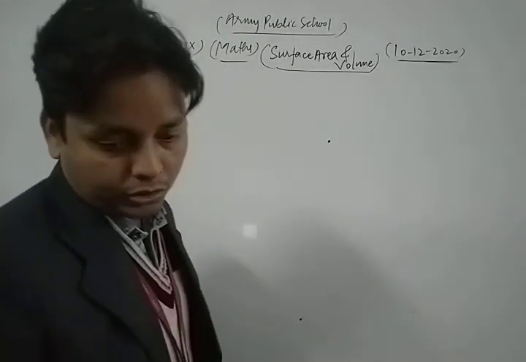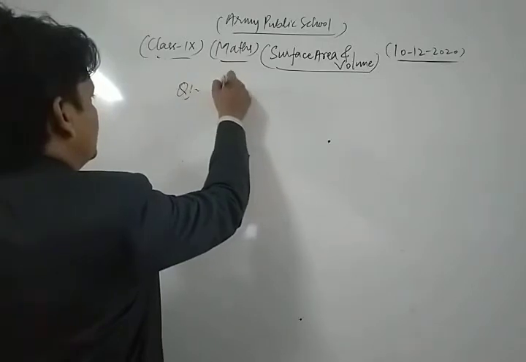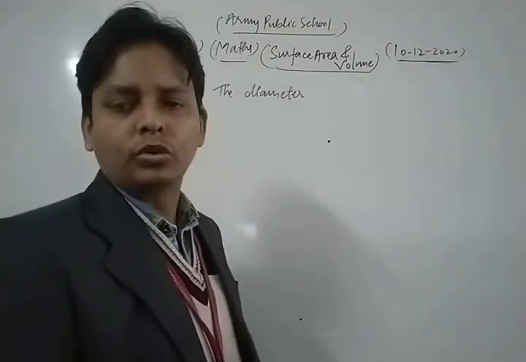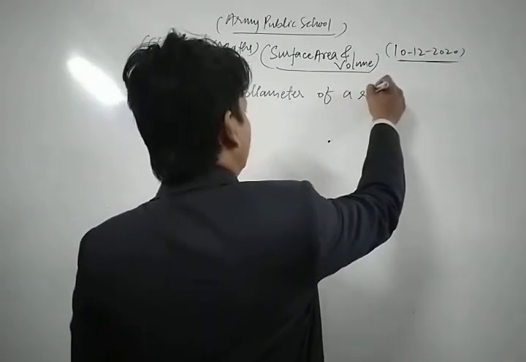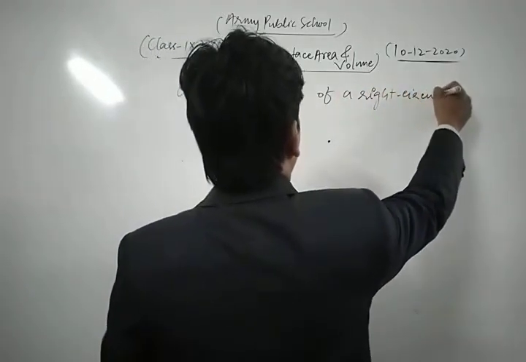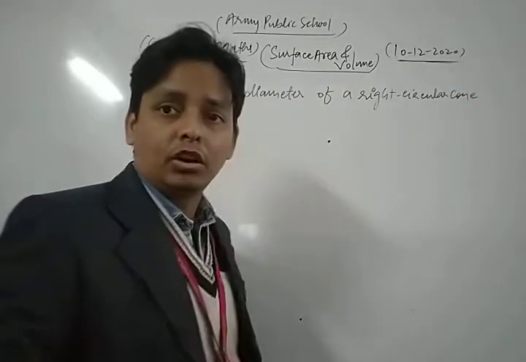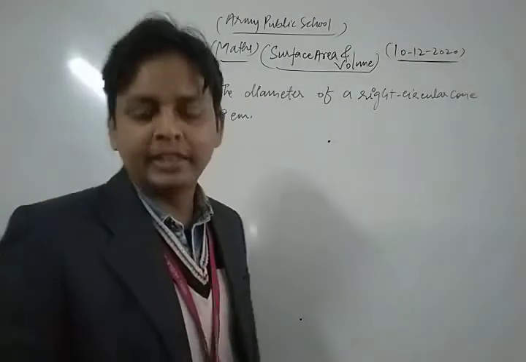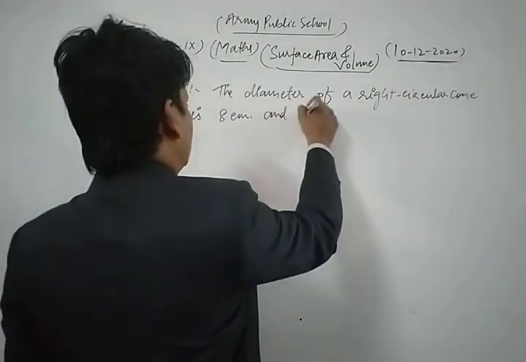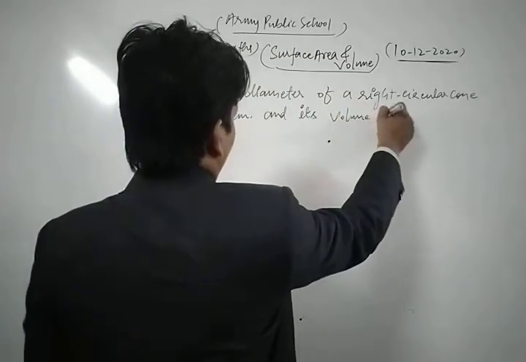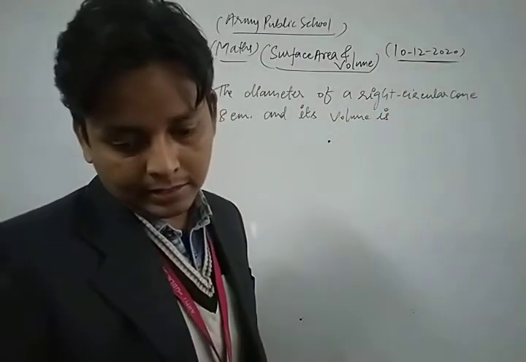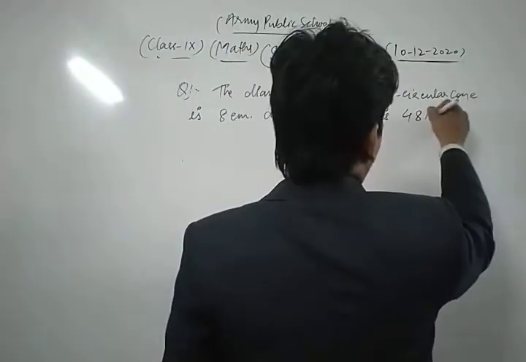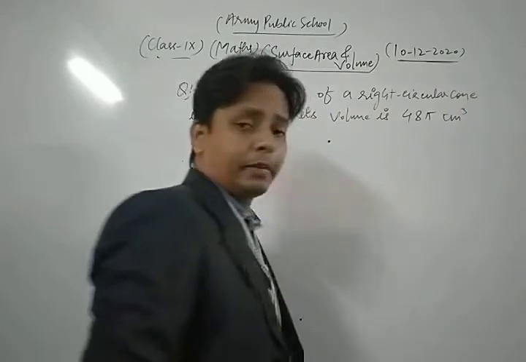The question is: the diameter of a right circular cone is 8 centimeter, and its volume is 48 pi centimeter cube.